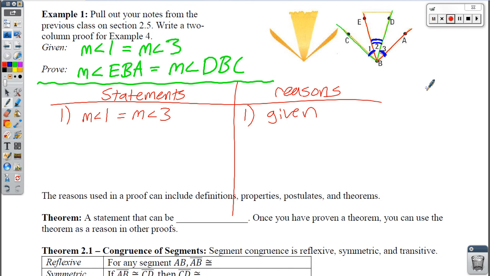Well, let's see if we can come up with some statements that describe the angles in question, the red angle and the green angle. So that's angle EBA and angle DBC. Well, we could say that angle EBA is made up of angles 2 and 3. So let's make a statement that says that.